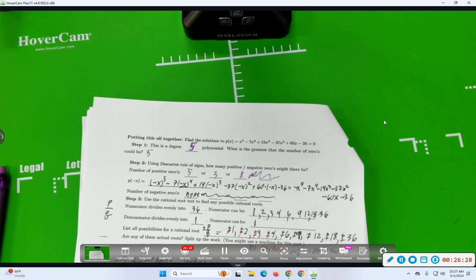Yeah, I mean, it's hard to separate pieces of paper. I only need 1 copy back from each group.